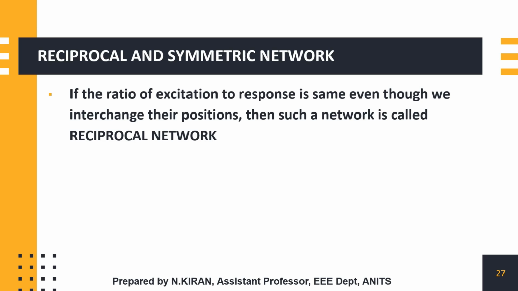The definition for reciprocal network is: if the ratio of excitation to response is the same even though we interchange their positions, then such a network is called reciprocal network.